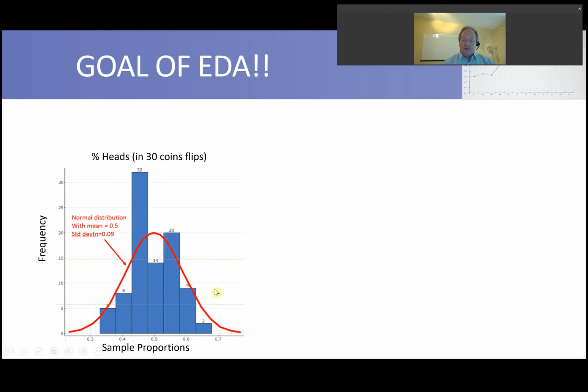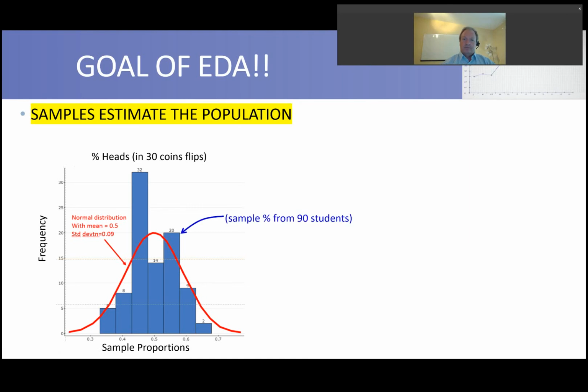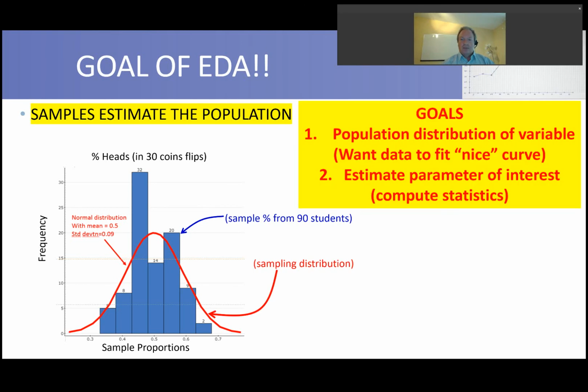And what we're trying to do here is the following. These are the sample percentages from 90 students that I plotted. We're trying to fit this sample data, which is always going to be choppy, to a nice smooth curve. And that nice smooth curve is the curve that we think the population would fit.